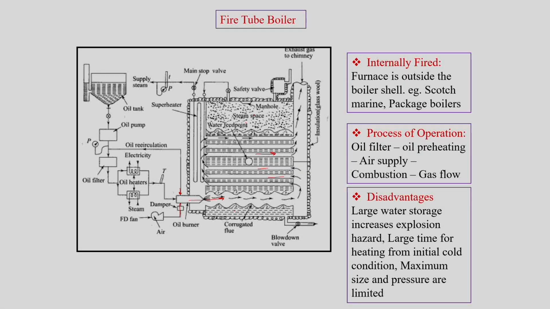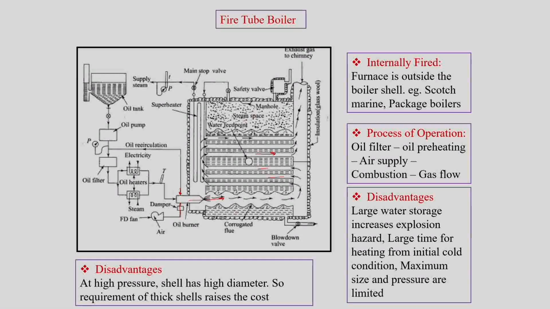Further, if we want the pressure to be increased, then our material cost would also increase. High pressure makes the boiler a pressure vessel, and this pressure vessel needs very high wall thickness, since it has to sustain the higher pressure of the steam.